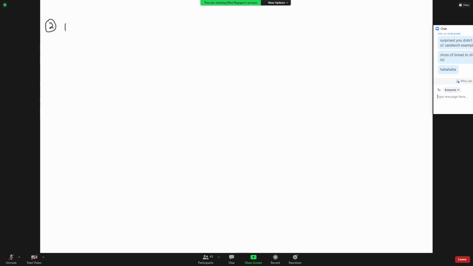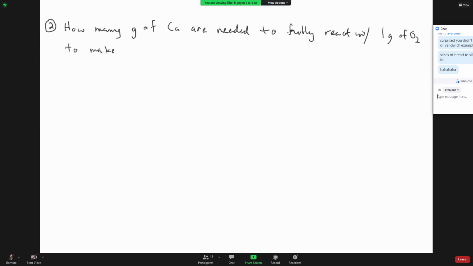I want to know how many grams of calcium are needed to fully react with 1 gram of O2 to make calcium oxide.